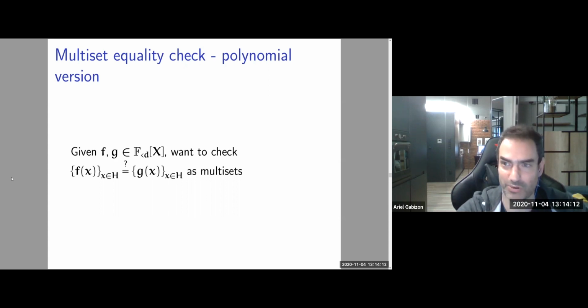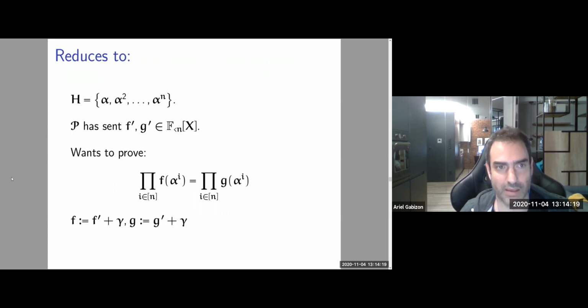I want to design a protocol for that. This is because I can reduce a multiset check to a randomized product.